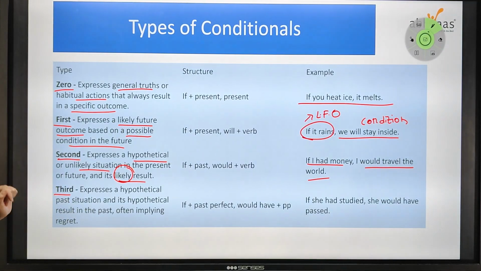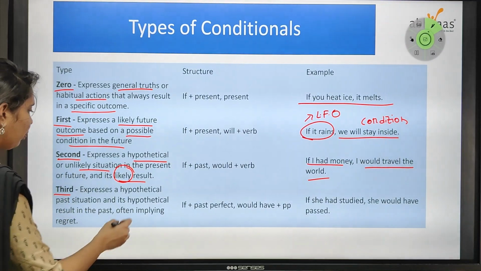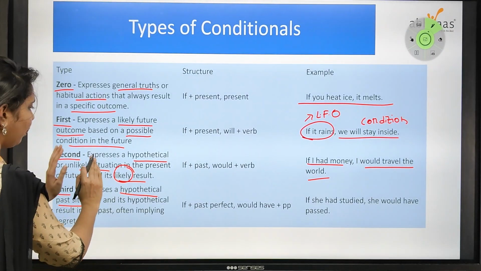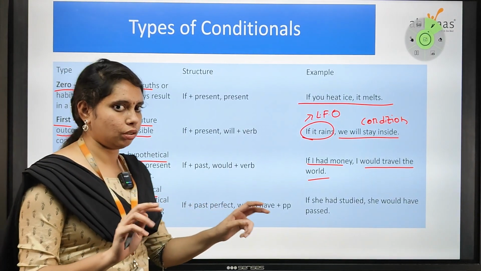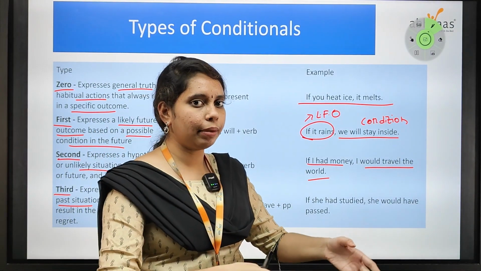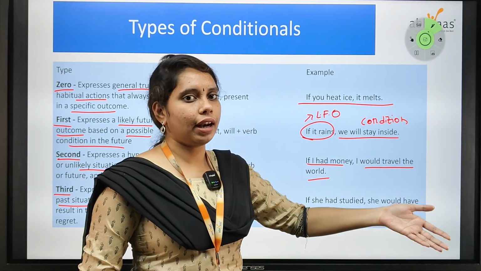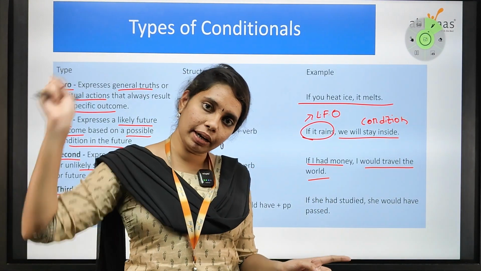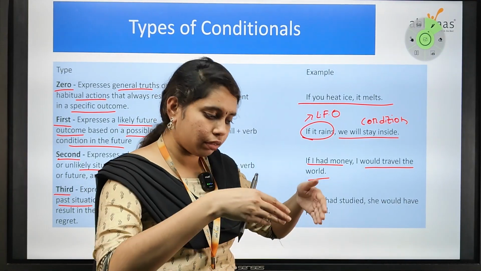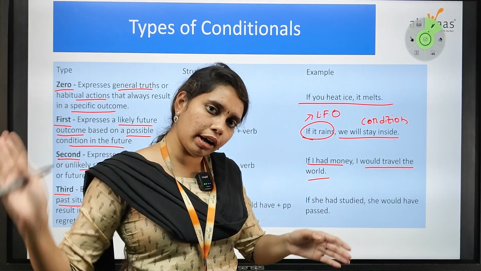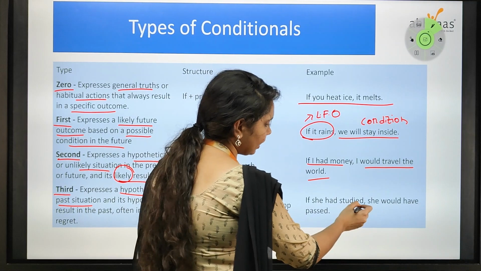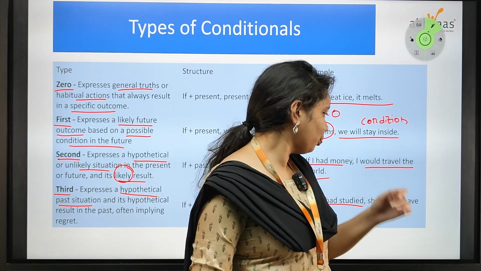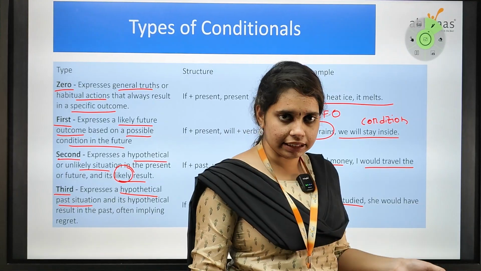And now look at the third condition here. It expresses a hypothetical past situation. The second talks about a present or future hypothetical condition. Right now, if I had money, in future, I would travel the world. But this last condition talks about something that has already happened in the past. Like, if she had studied a week before this one, she had exams.